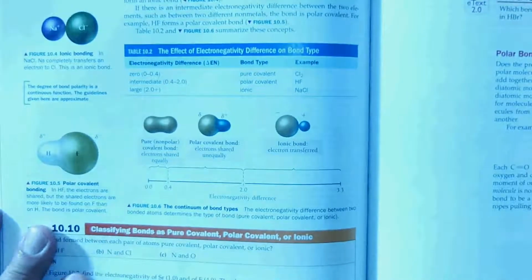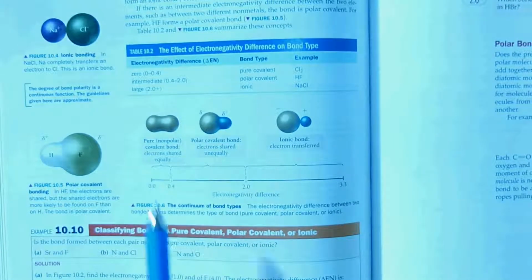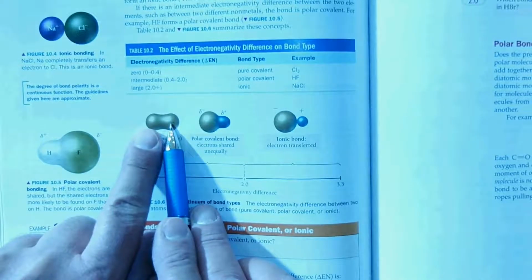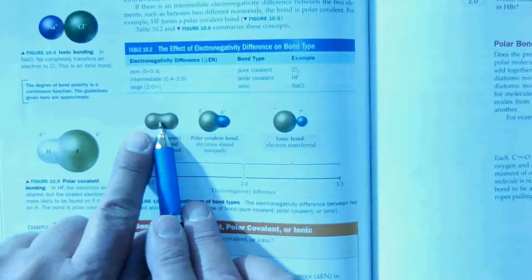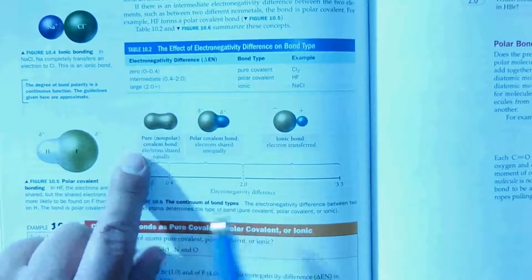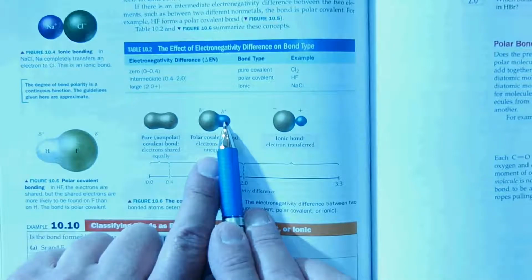So it's just showing you that as the difference in electronegativity between the two atoms changes. If there's no difference in electronegativity, perfectly equal sharing of the two electrons. In this picture, hey, this element is more electronegative than this element.